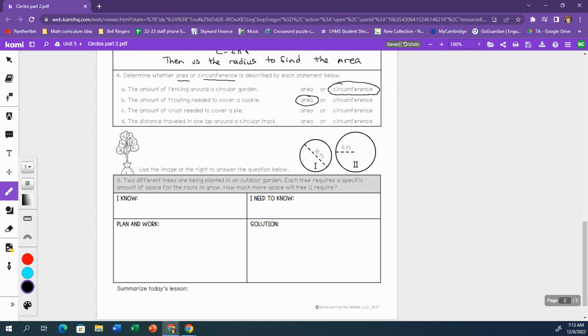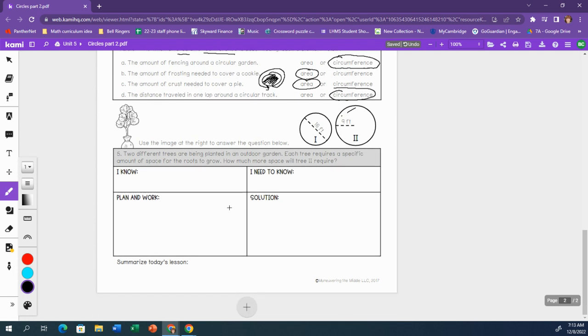The amount of crust needed to cover a pie, well, that's going to be over the entire, like if you have a pie, that would be the entire pie. So that would be area. The distance traveled on one lap, so one lap around, that would be circumference.